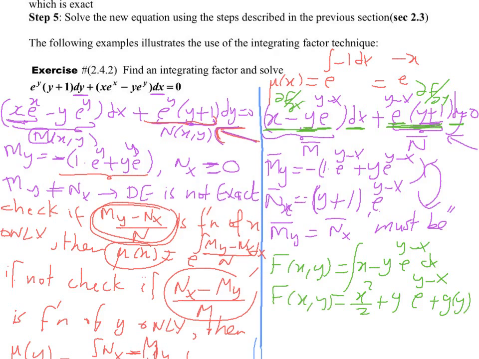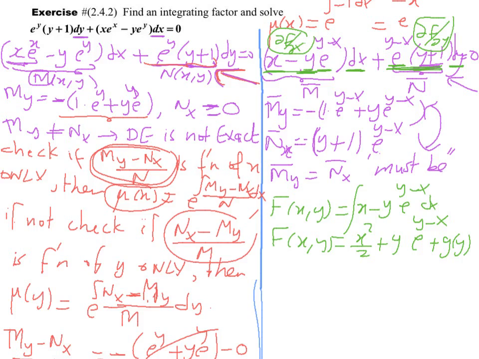Now we have used partial f partial x, we integrated. Now I'm going to use partial f partial y to find g of y. Since we integrated with respect to x, we are going to differentiate with respect to y and compare it with N bar.